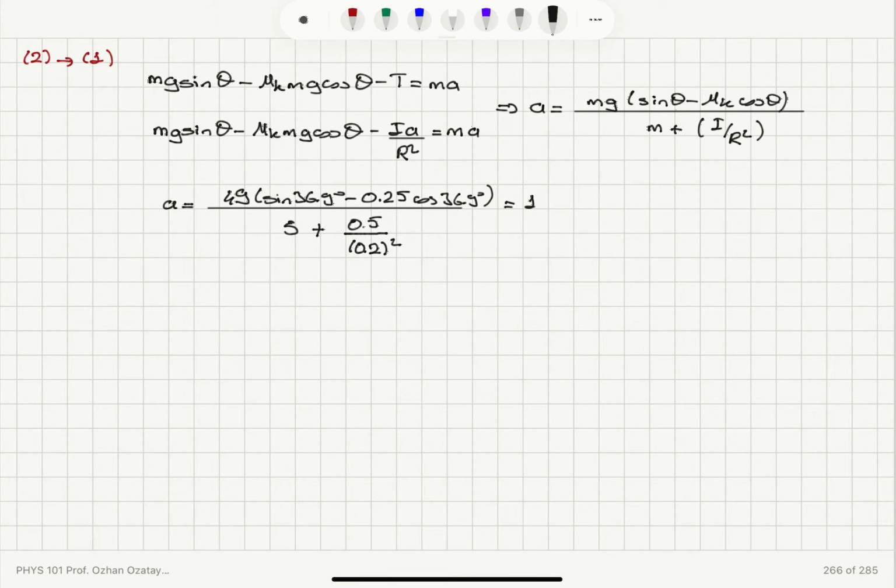This gives us 1.12 meters per second squared down the inclined plane. So that is our acceleration.